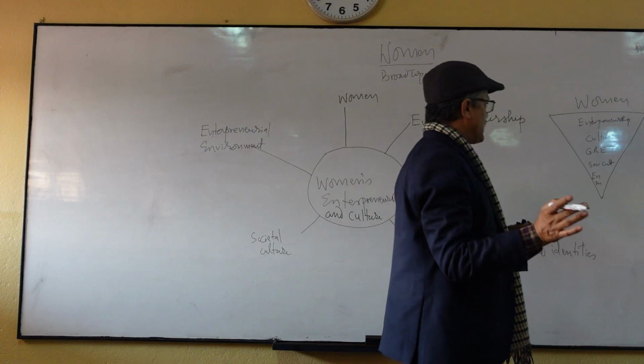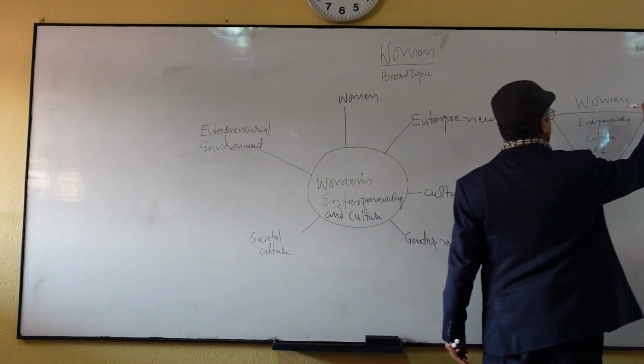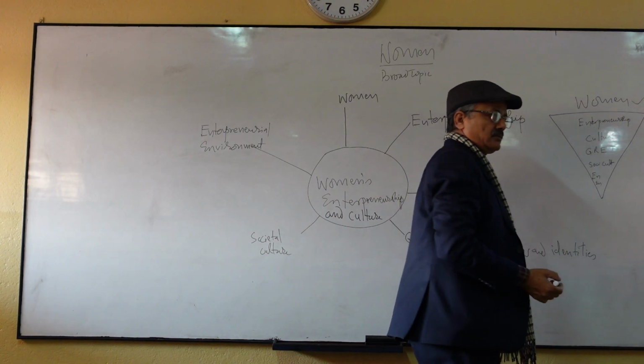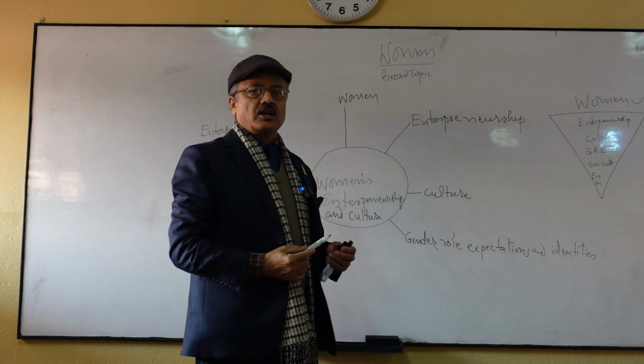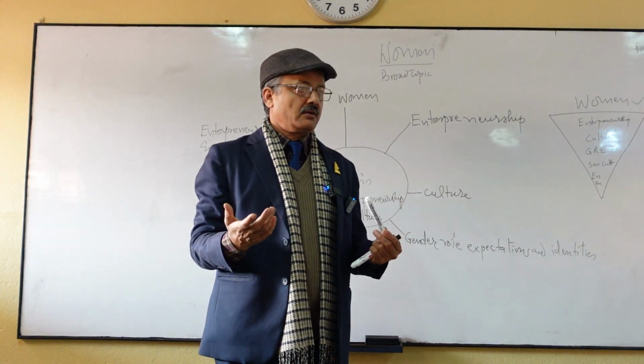What I am trying to tell you is that you tell your class, or you understand, that the broadest topic is women. Now ask a question, what will this paper tell us about women?